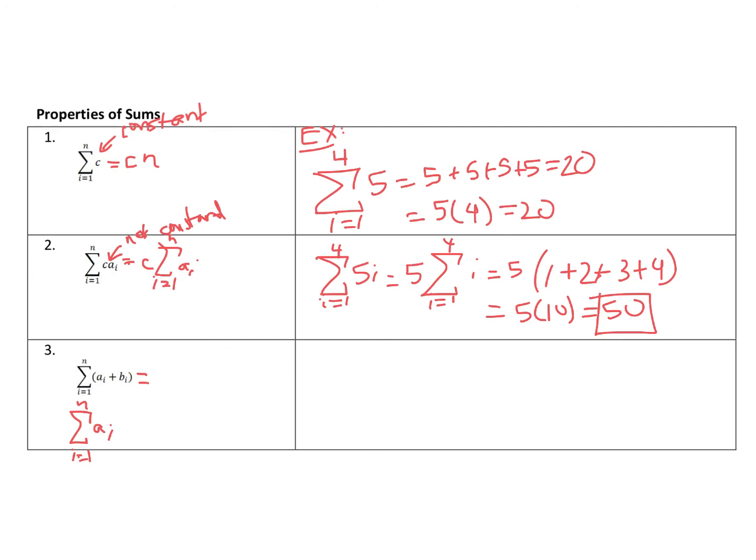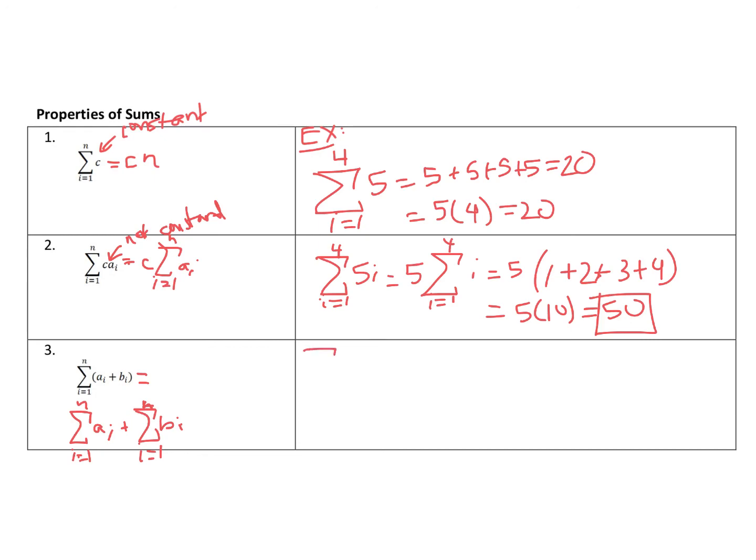So the first one is A sub I. The second one is B sub I. So we are allowed to split those into two. This one you may or may not find to be easier if you split them up. It's up to you which way you want to use. So I'm going to show you an example, and I think we'll actually do it both methods.